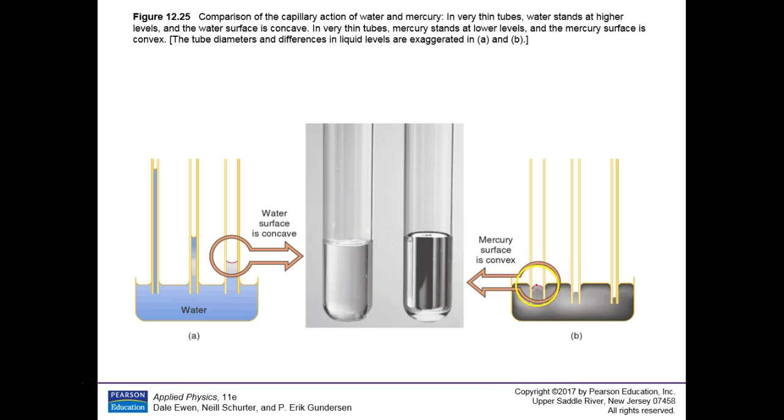And it's trying to avoid that like crazy. And the smaller the tube you have, the more it pushes down, trying to avoid that contact at all. Okay? That's capillary effect in an adhesive material like water and a cohesive material like mercury.